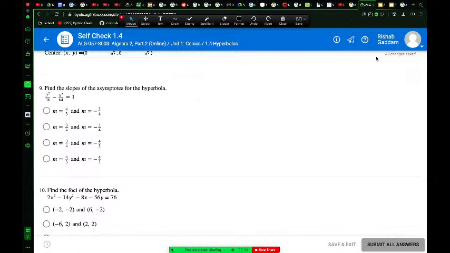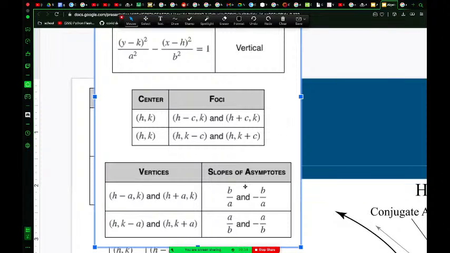And the asymptotes are those of the hyperbola. It's asking you for the slopes of the asymptotes, and for horizontal transverse axis hyperbolas, that's going to be this first one right here.